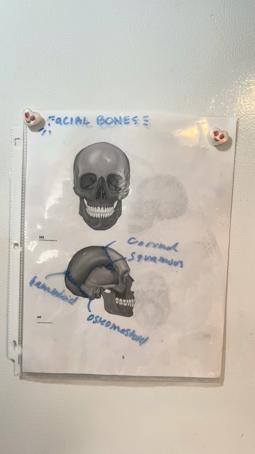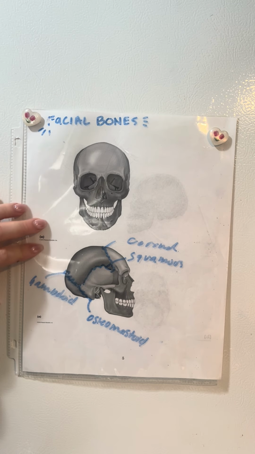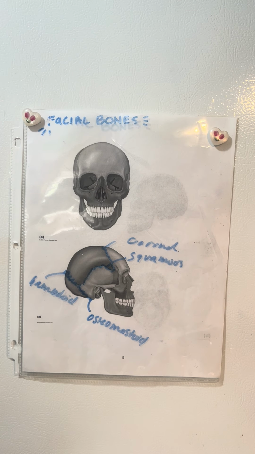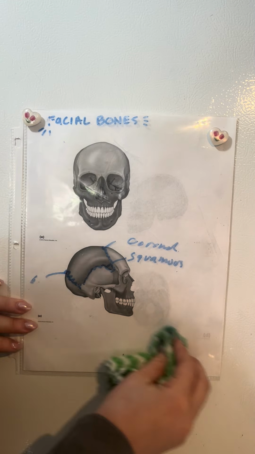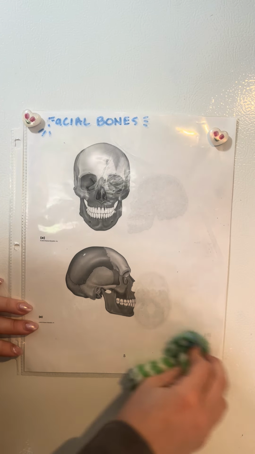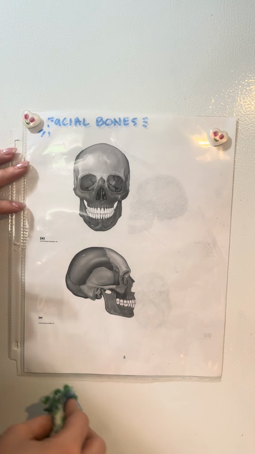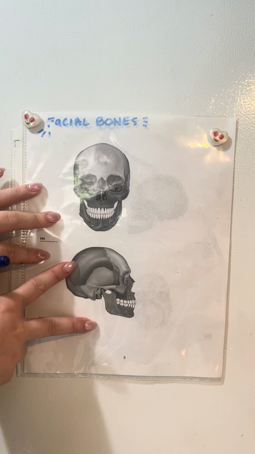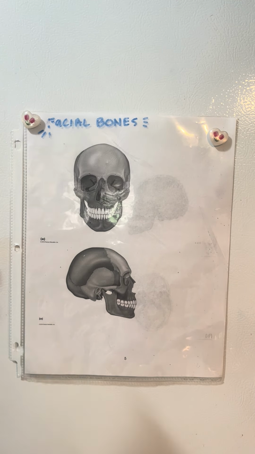I know that this video was probably not the best view of everything, but this is all I had to work with here. So that is the completion of our facial bones. I hope that this helps, and you're going to ace your test.